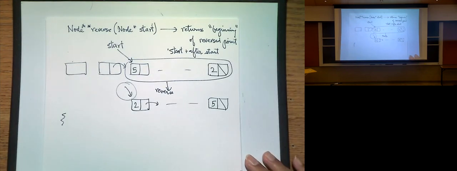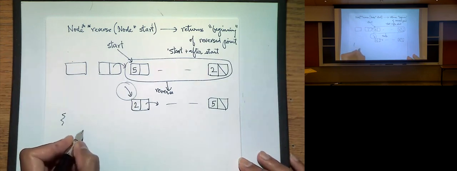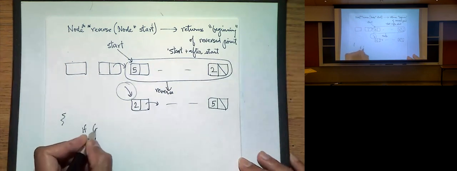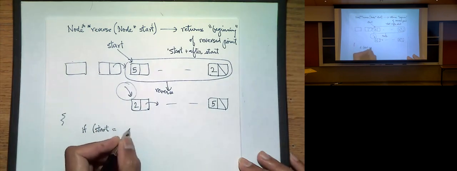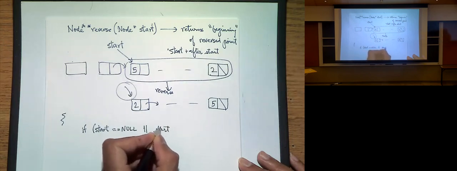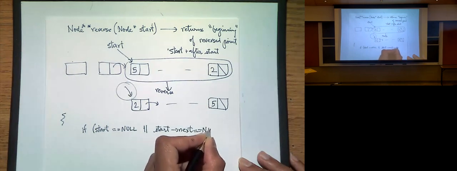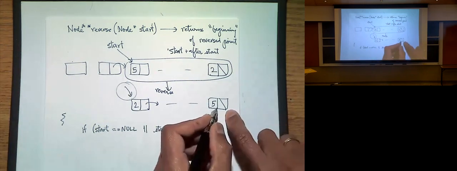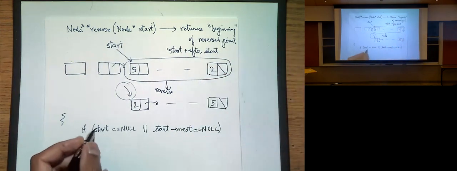So yes, all right. How would I do this? I would have some if start is null or start arrow next is null. If it's null or if it's just one node, there's really nothing to reverse. So I'll just return start.